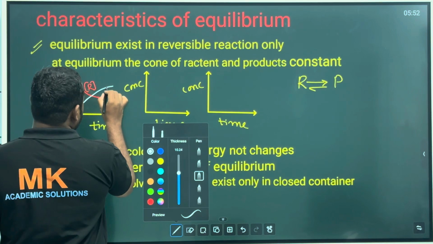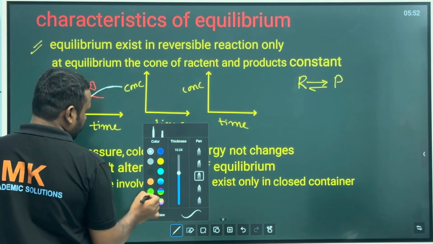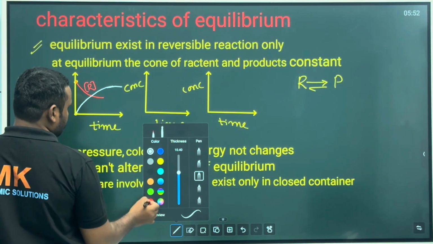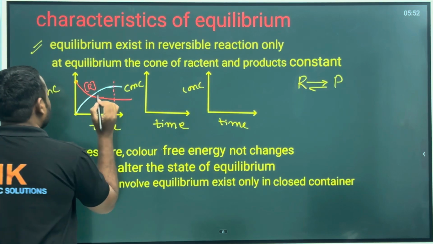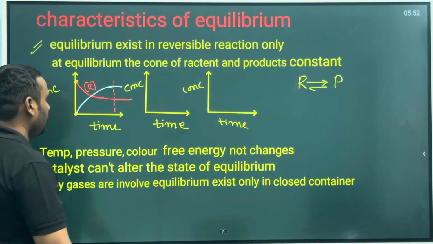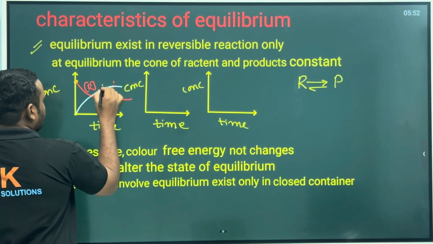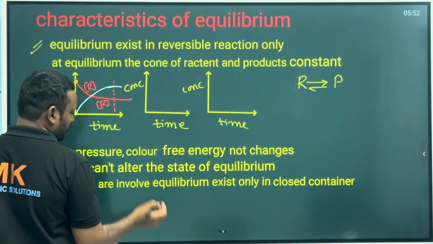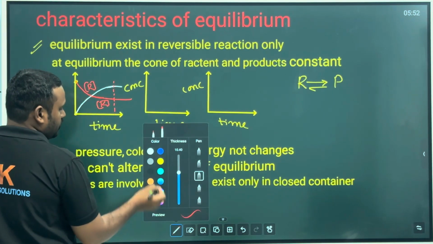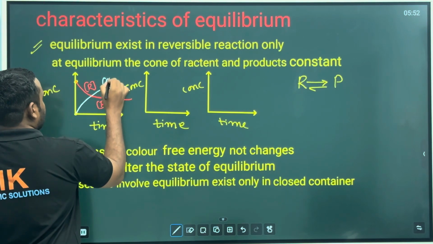There is no change in the concentration of reactant as well as the concentration of product. In this condition, this is the concentration of reactant at equilibrium, and this is the concentration of product at equilibrium.